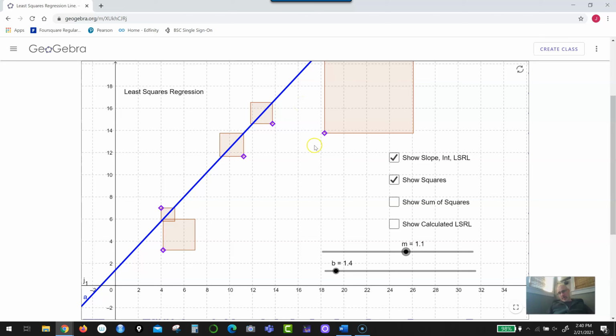Now the reason we square them before adding them up and trying to figure out the minimum is if you just add the residuals together, the positives and the negatives cancel, and so you could have a really bad line that even so looks pretty good because the residuals would cancel, right?